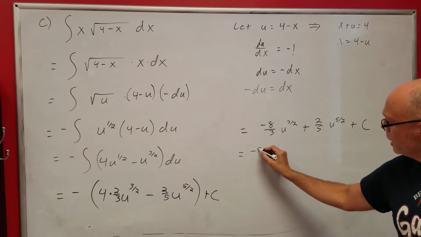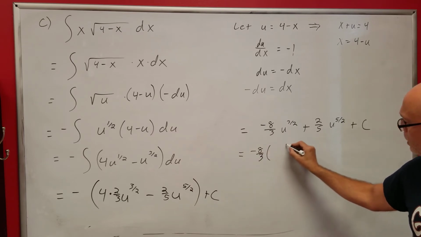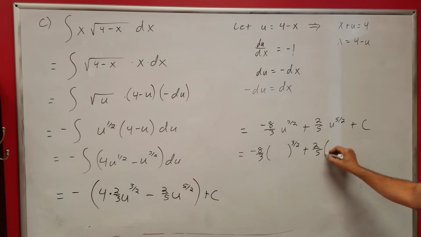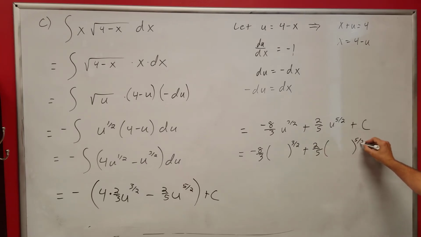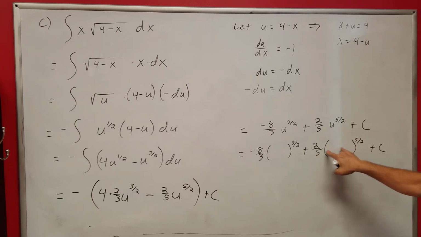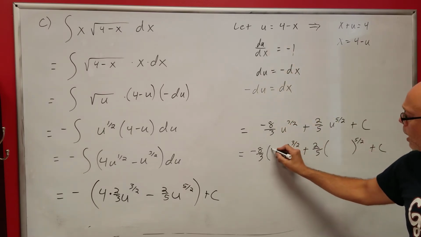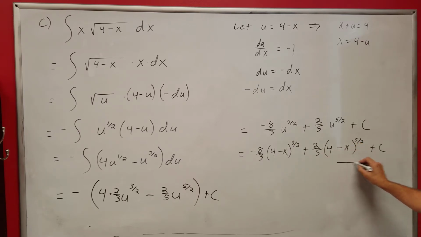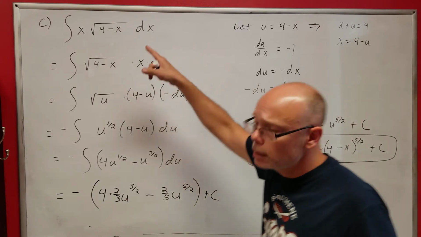And that gives me negative 8/3 u to the 3/2 plus 2/5 u to the 5/2 plus c. I'm going to end up back substituting. What was u? 4 minus x in each case. 4 minus x. There we go. There's my antiderivative of that.